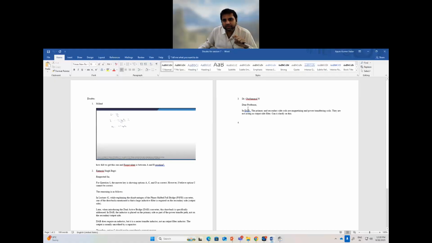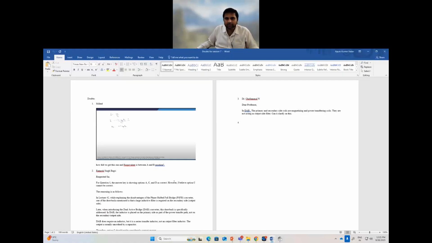Then question number 3, in DAB, the primary and secondary side coils are magnetizing and power transferring coils. Yes, they are not acting as an output side filter. I think he is referring to the same question number 1.